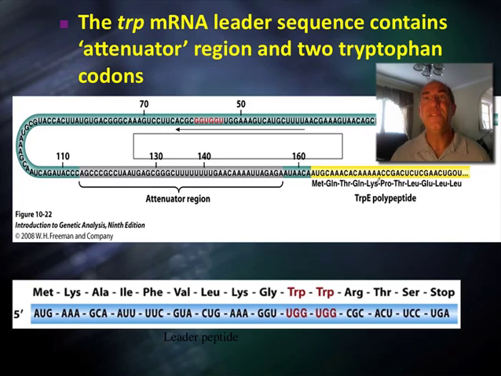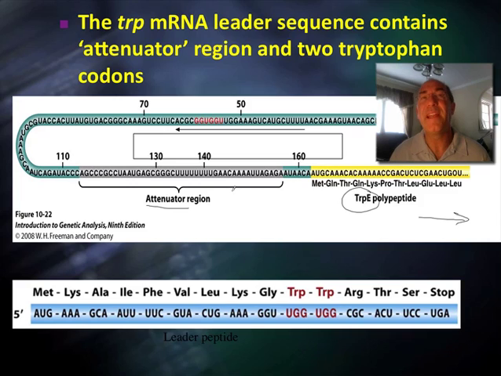This leader region, and here's the sequence all throughout here, starts at the top right and follows the numbers around to here. This is the first structural gene, the TRPE region, and the rest of the gene is off to the right. This leader region contains a special subregion called an attenuator region.